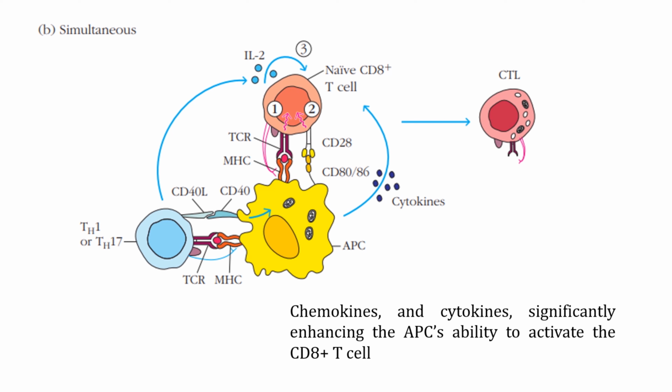First, the MHC class 1 and MHC class 2 peptides interact with the T cell receptor and they produce the interleukin, which is helpful for CTL generation, proliferation and differentiation. Cytokine interleukin 12 is also produced by the APC, and the CD8 plus cytotoxic T lymphocyte also produces interleukin itself. So this is how effector CTLs are generated from the CTL precursors.